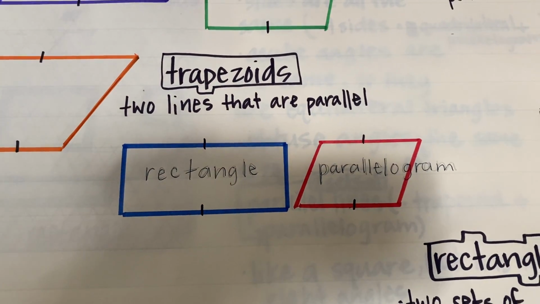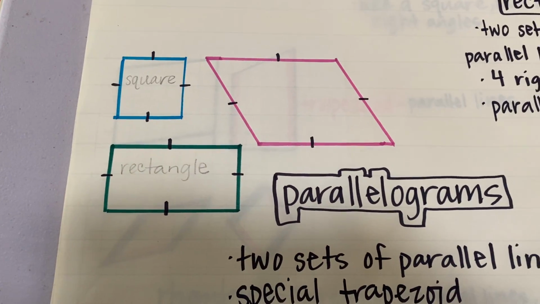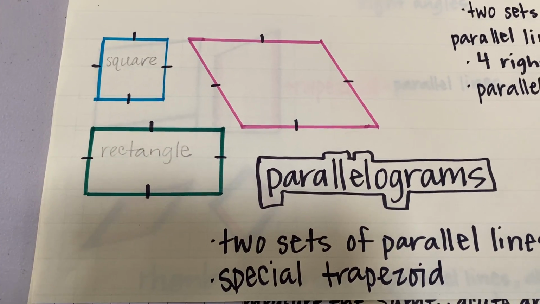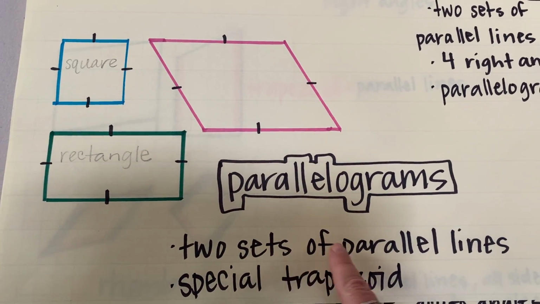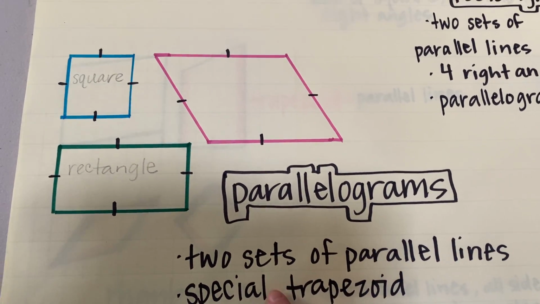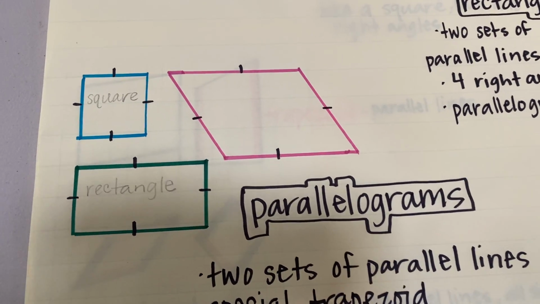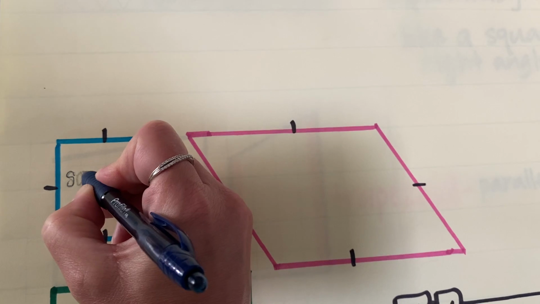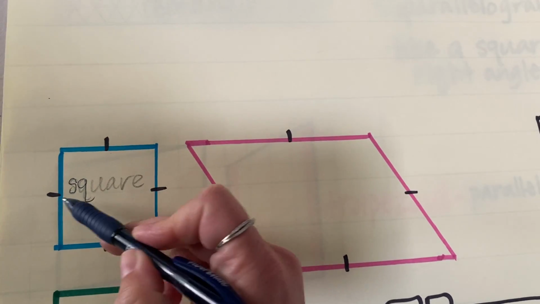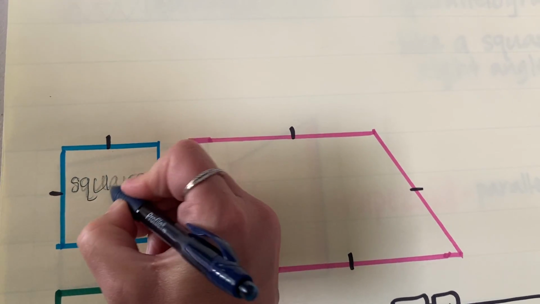Okay? That makes them a parallelogram. So a parallelogram is a shape that has two sets of parallel lines. It's what we would consider a special trapezoid. So you see a square is a parallelogram, two sets of parallel lines.